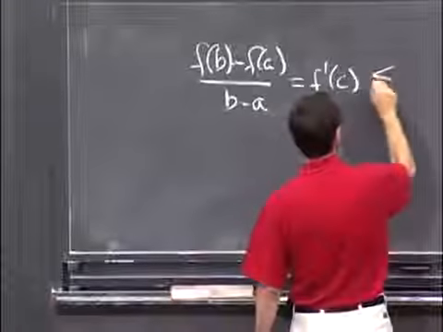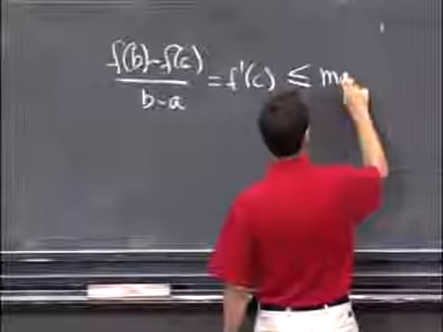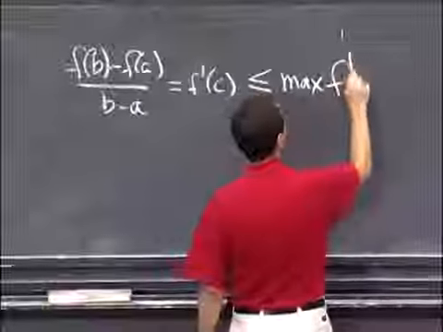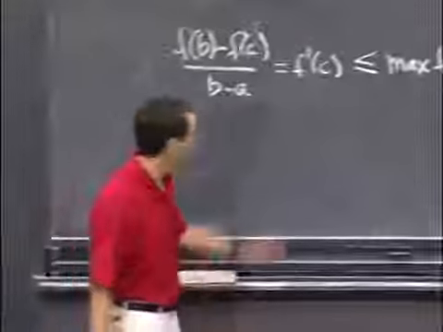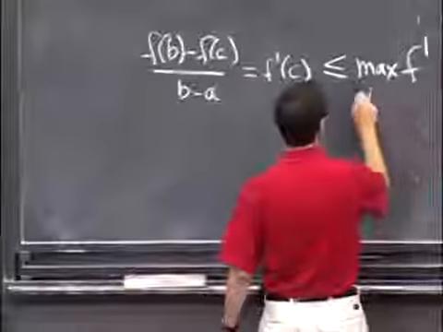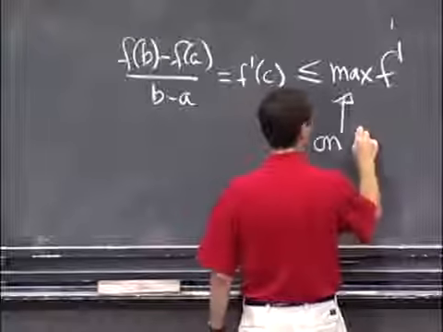So that means it's less than or equal to the largest value you can get, for sure. And this is on the whole interval.